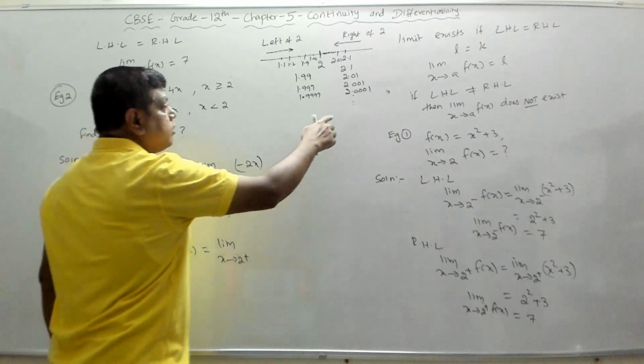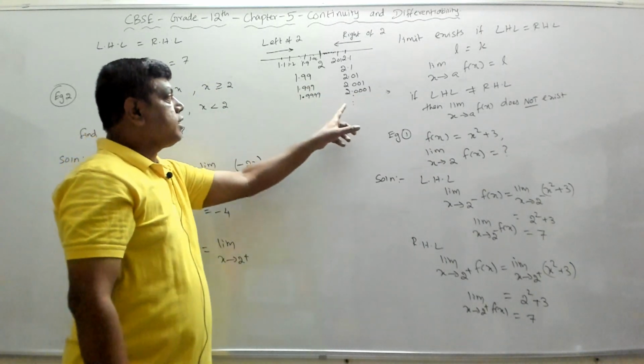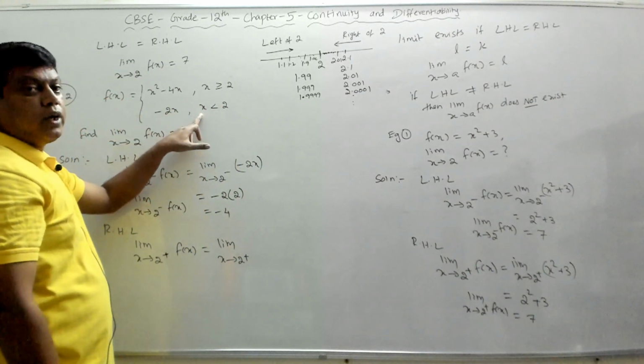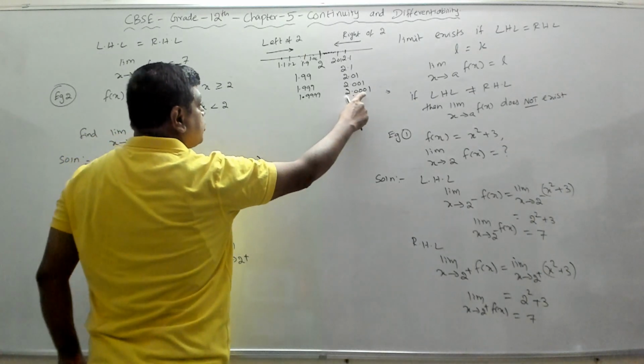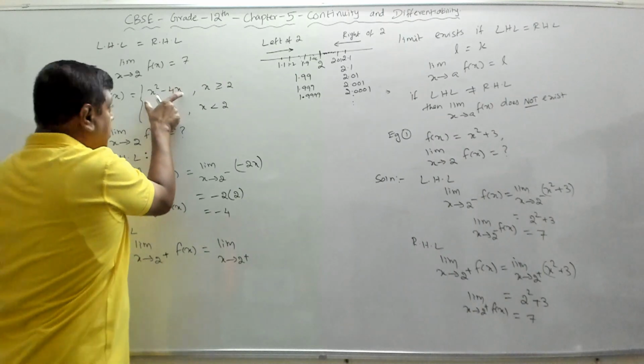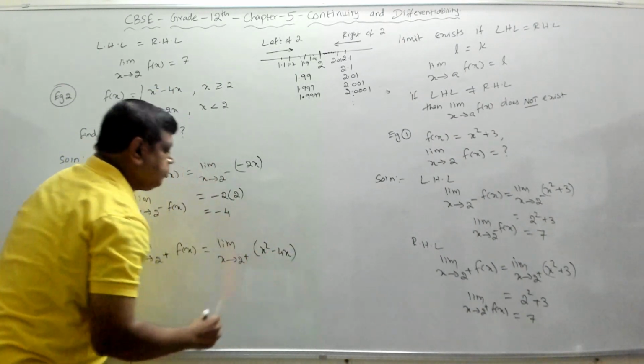Let's take 2.001. Now x is greater than or equal to 2 or less than 2? It is greater than or equal to 2. So we should use this function. Now we will put x square minus 4x here.